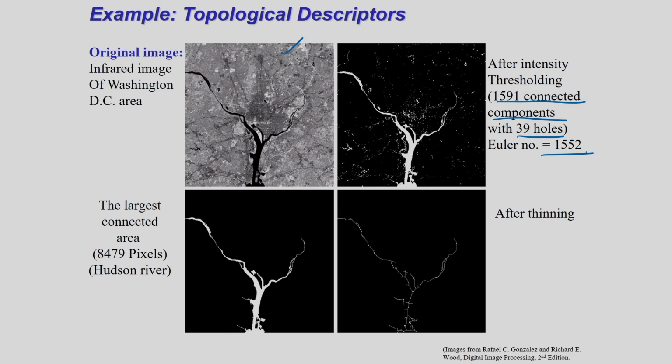So this image is represented by the Euler number, and in this case I am considering the largest connected area, which corresponds to 8479 pixels, and after this I am doing morphological thinning, so I am getting this one. So the main concept is that a particular region is represented by the Euler number.